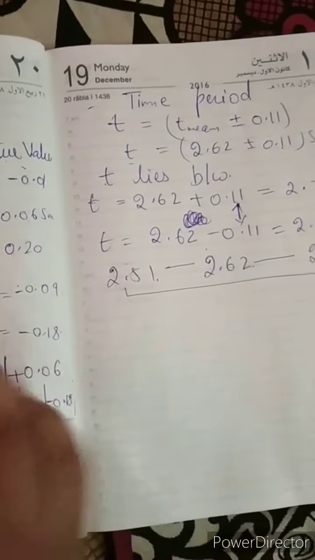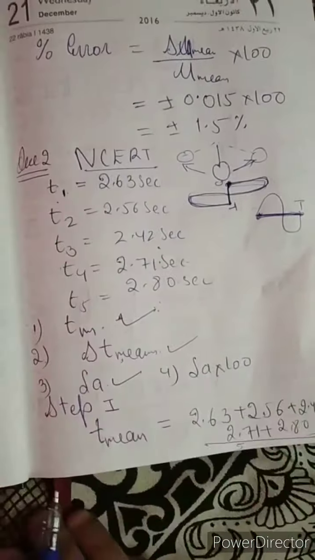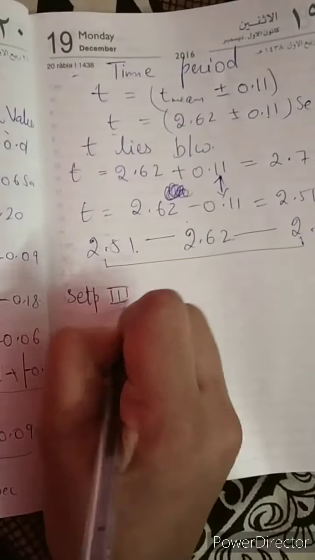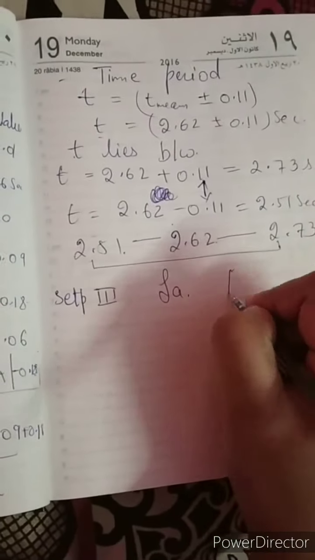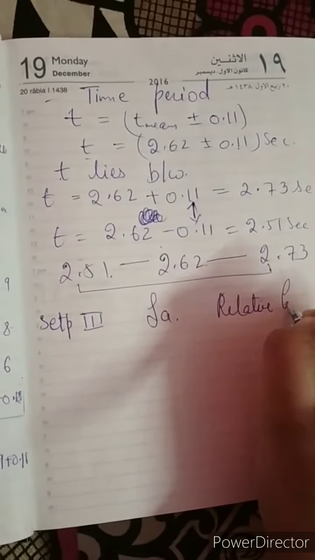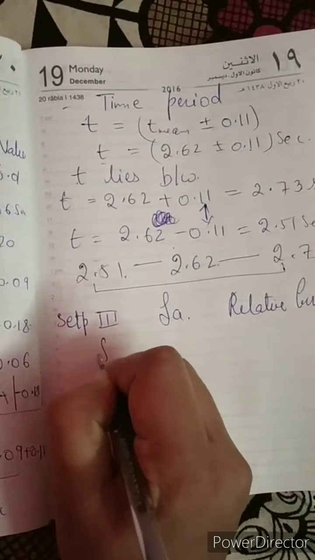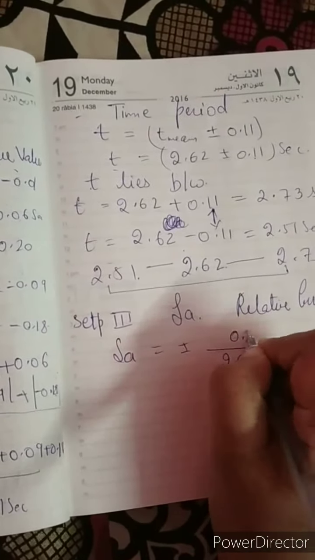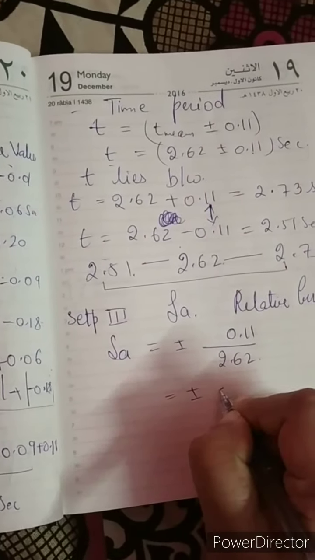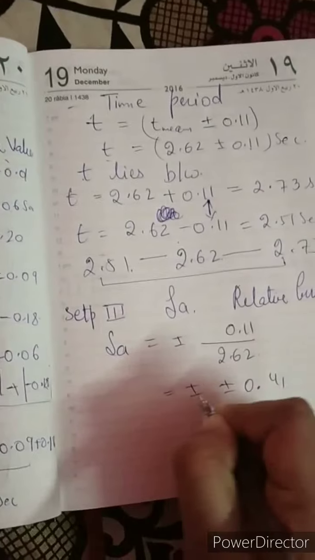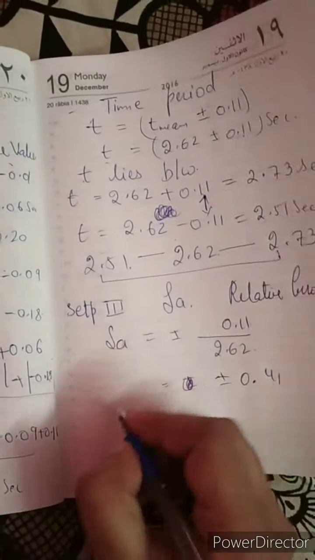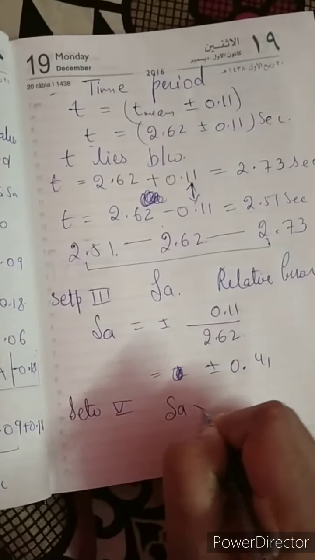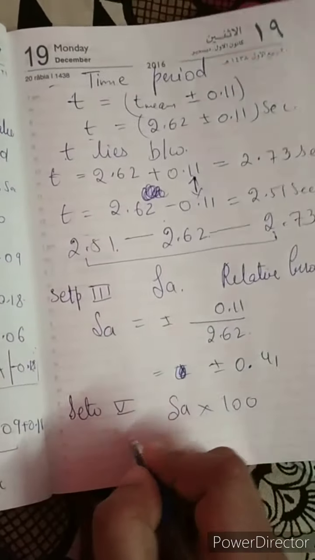Now, okay, we have found this. Next our target is delta A. The third step is to find the percentage error, also called the relative error. What do you mean by relative error? It is the error divided by your actual value: 0.11 divided by 2.62, which gives plus minus 0.04. And if you want it in terms of percentage, then just multiply delta A by 100.